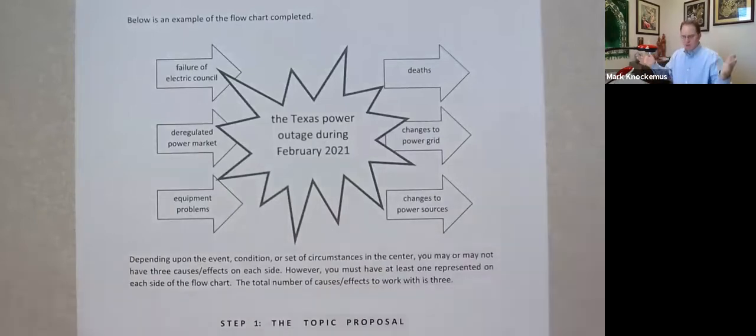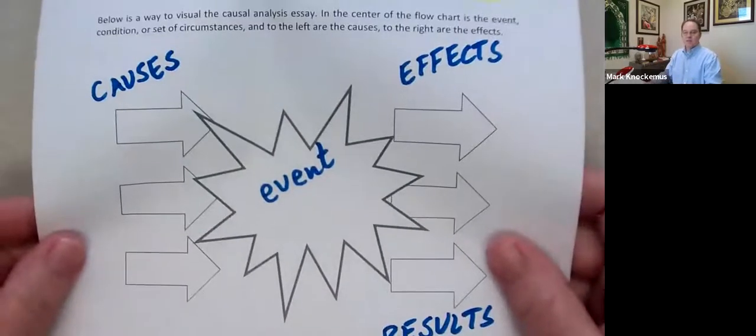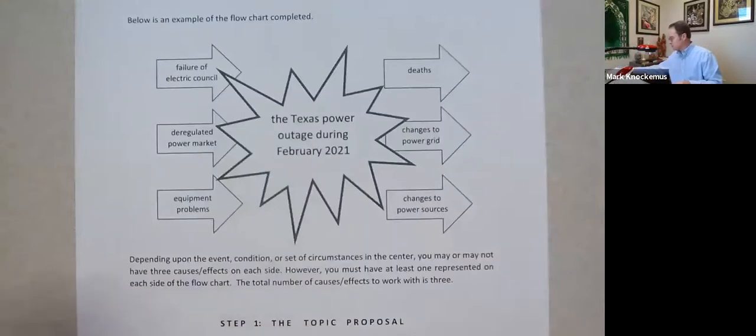I know everybody's thinking, you're not from Texas, Mr. K. I know I'm not. I know that we're not in Texas, nothing against Texas. So people say, well, why'd you pick that? Well, I wanted to pick something, right, an event, condition, set of circumstances that no one else would think of. So I sat down and really thought about something kind of off the wall so that nobody else would say, oh, I was going to do that topic. So that's why I picked that topic.